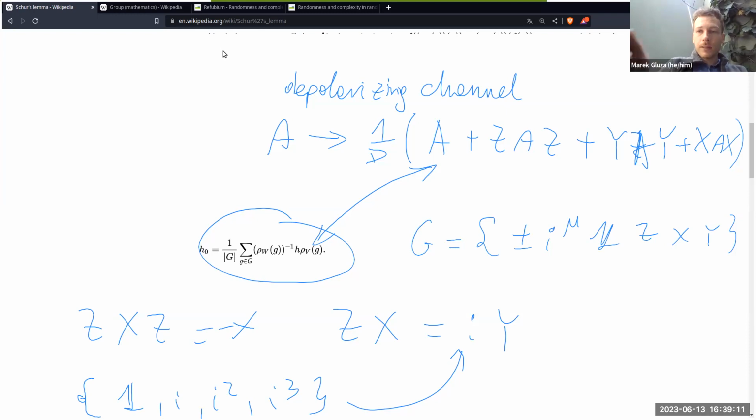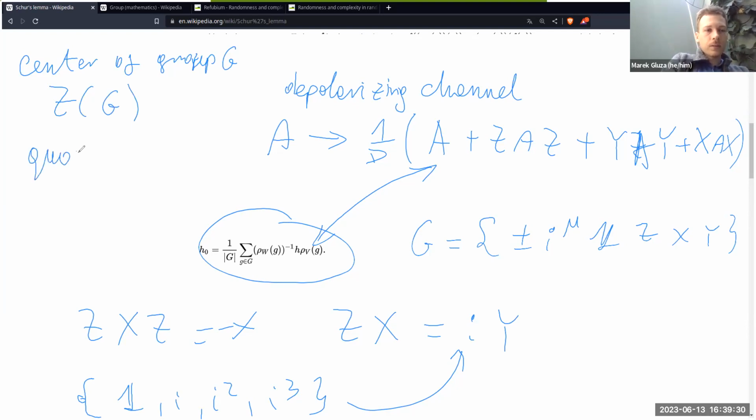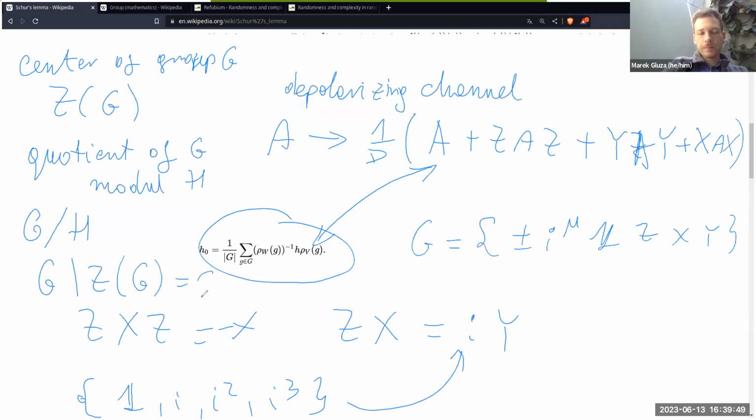And if I'm not completely mistaken, there's something called the center of group G, which is denoted by Z of G, because in German center you will write with Z. And there's something called quotient of G modulo some subgroup H, so you would write G over H. And so if I consider G modulo Z of G, that will give me a new group.